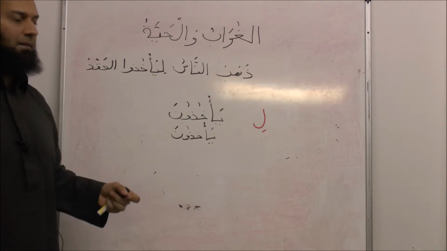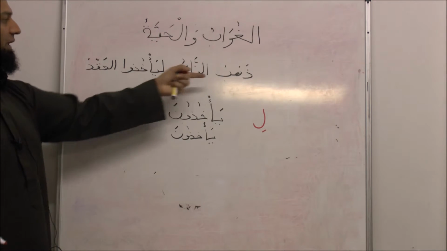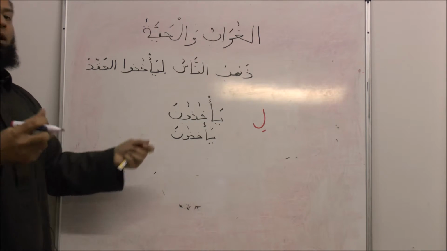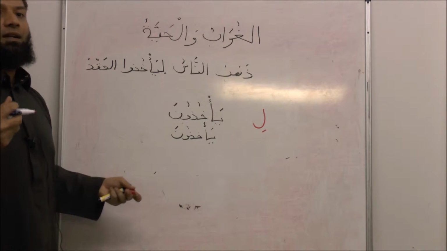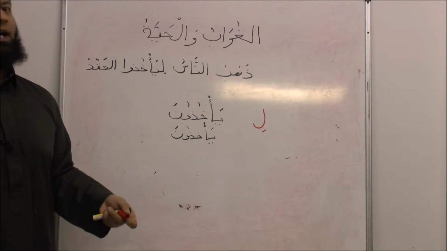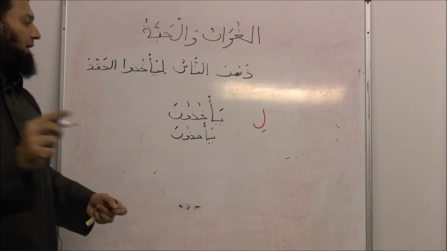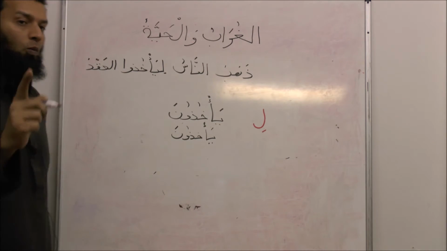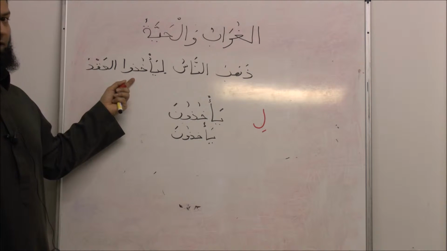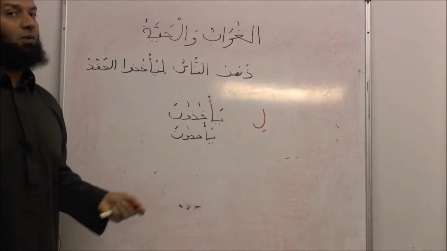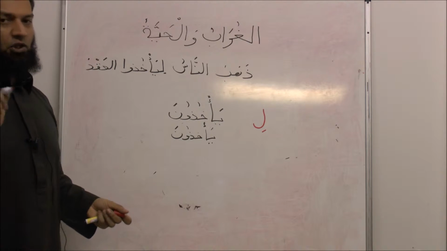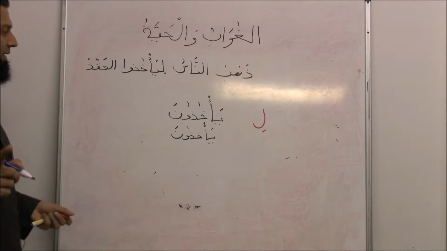Look at the sentence: ذهب الناس ليأخذوا العقد, the people went in order to take, so that they can take the contract. But what do you notice happens to that fi'lun when you add a li to it? The noon dropped, so it's changed to something else.